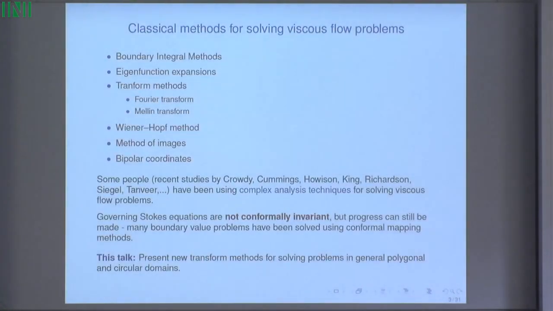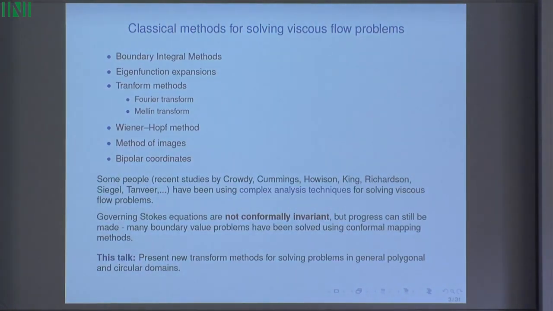I would like to mention the classical methods for solving these viscous flow problems. Most people use boundary integral methods, which can be applied to general geometries. Also eigenfunction expansions, whose use depends on the geometry.